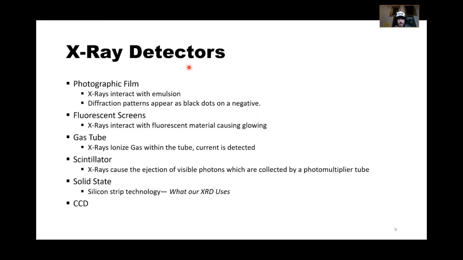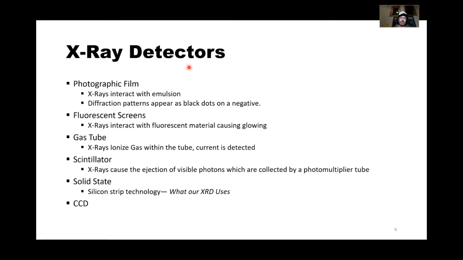If you're casting a diffraction pattern on a fluorescent screen, you would logically need some other way to record it, so you would use it in conjunction with a camera, and then you would take a picture of the fluorescent screen.